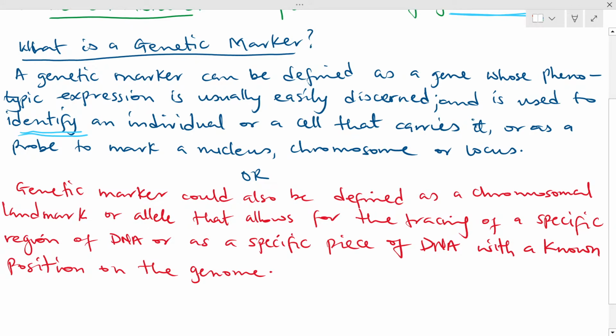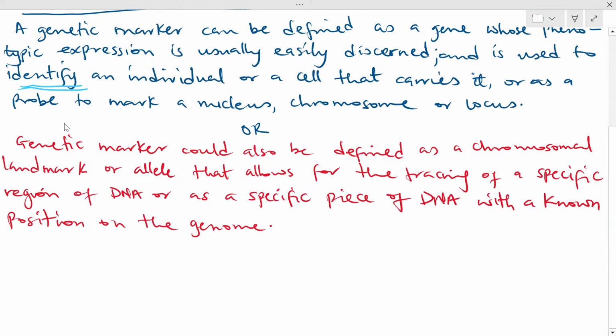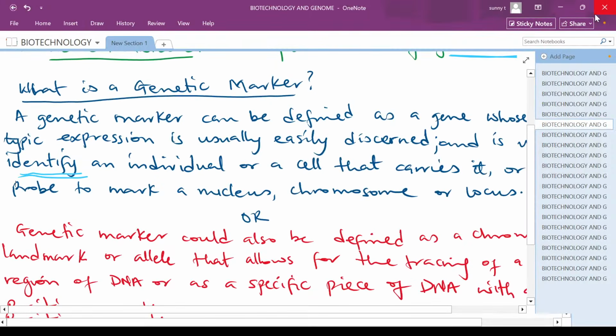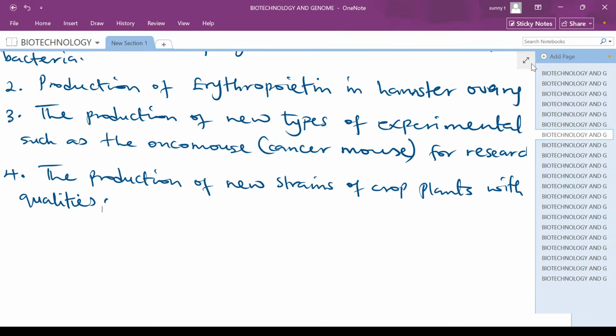A landmark gives a direction, an identification, an indication. Or an allele that allows for the tracing of a specific region of the DNA, or a specific piece of DNA with known position on the genome. So that's what a genetic marker is about.